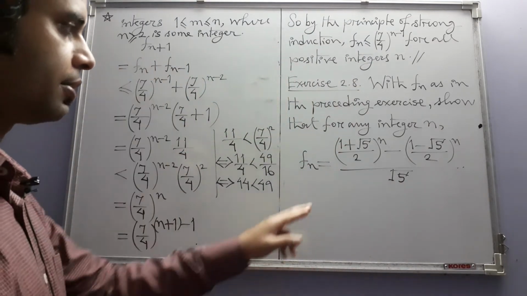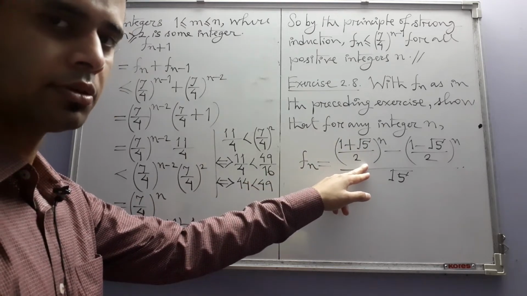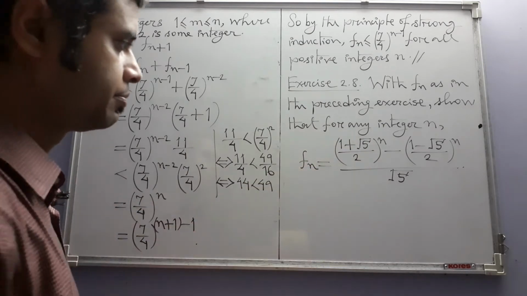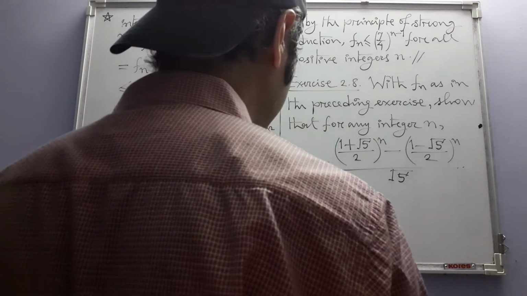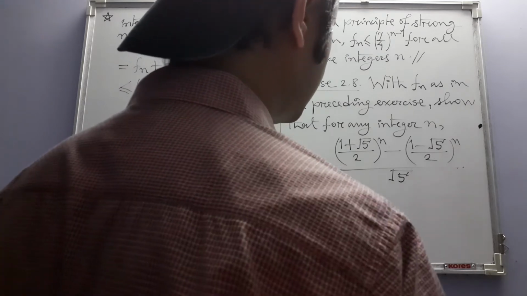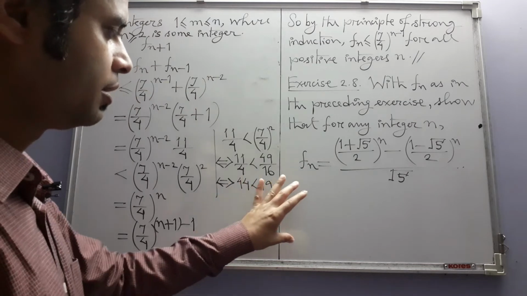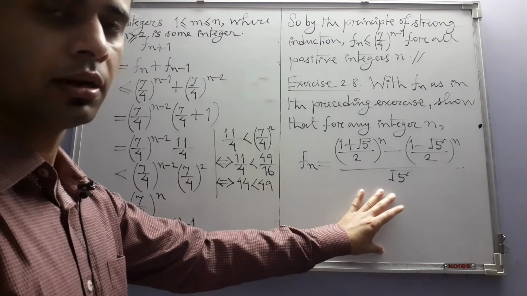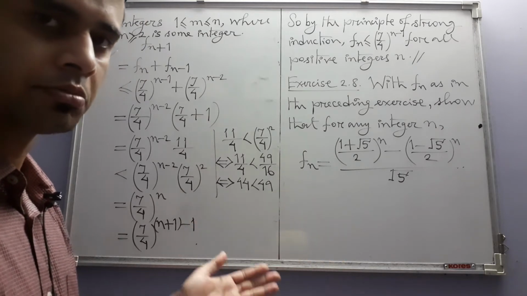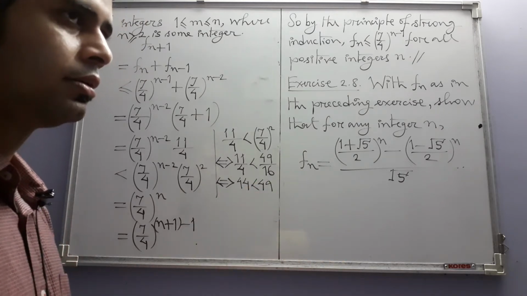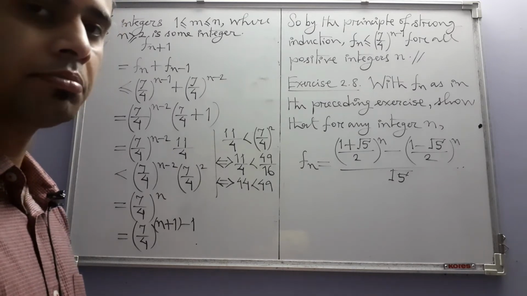You may know that this number, 1 plus square root of 5 divided by 2, is known as the golden ratio. If things are made with this ratio in mind, for example, if you draw a rectangle such that the ratio of its length to its breadth equals this number, then in some sense the rectangle looks quite aesthetically pleasing.